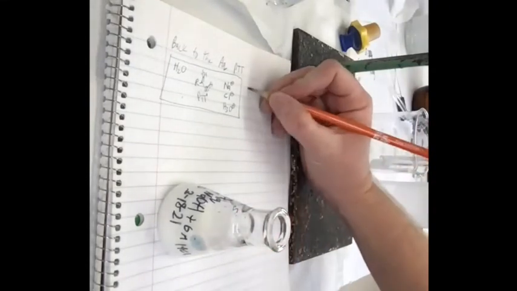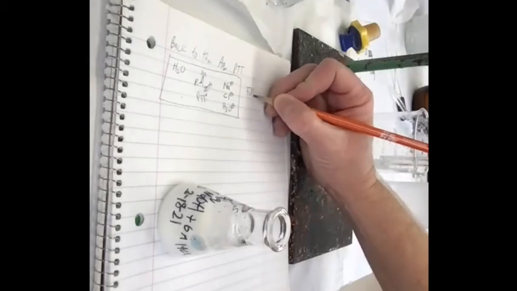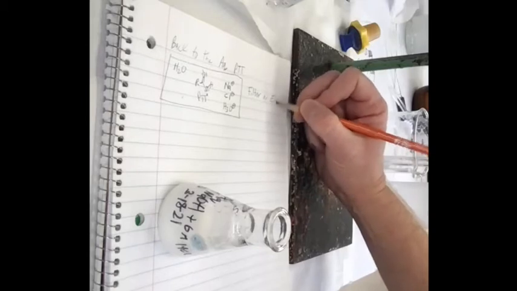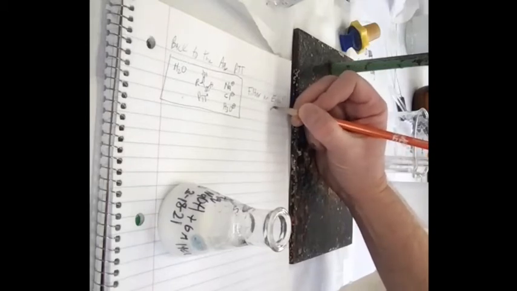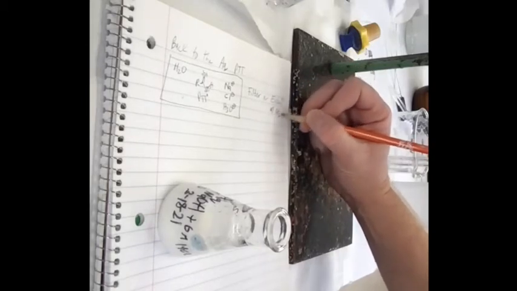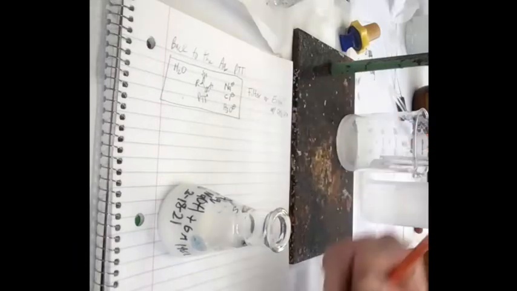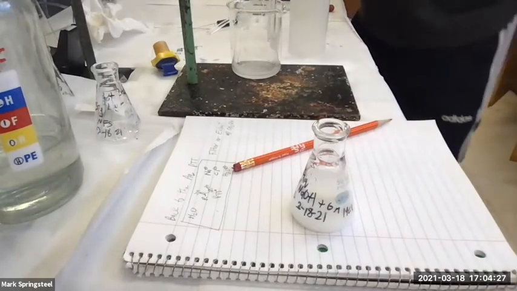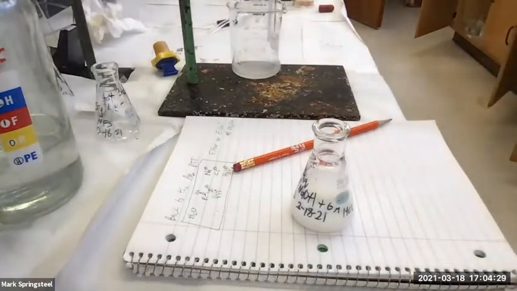We can filter off the precipitate, or extract with methylene chloride. Well, which one do you think I'm going to choose to do? If the crystals are too small, don't you want to do the extraction? Yeah, that's right. What do you think of these ones? How do they look to you?